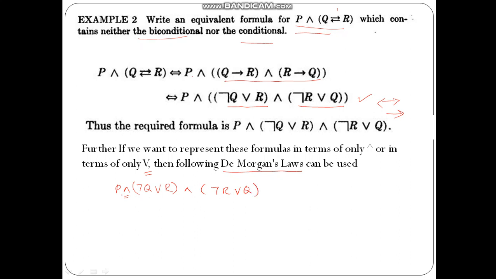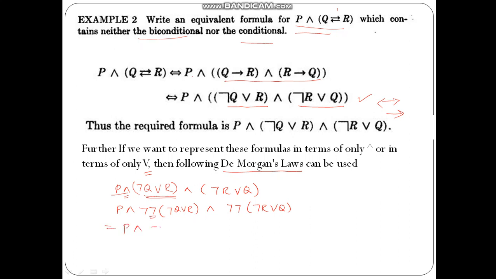This I will keep as it is, P, and now here I want a conjunction, so I will apply a double not, then not Q or R, and here I will apply a double not, R or Q. Now I will take only a single not inside.